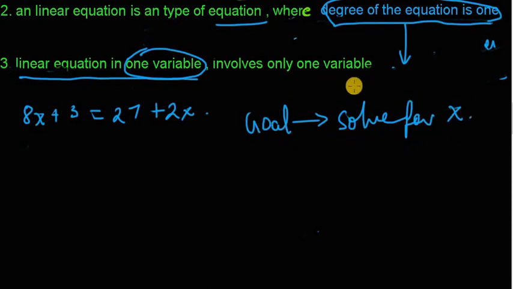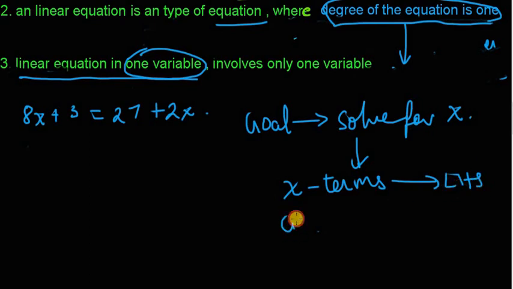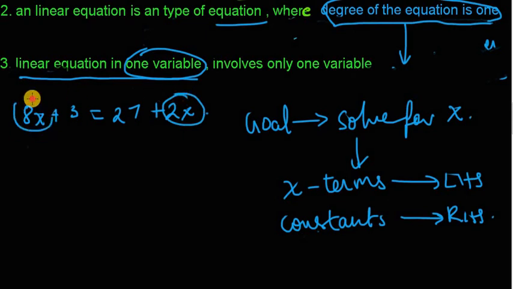So if you want to solve for x, first the x terms or the variable terms should be shifted to the left hand side, and the constants should be shifted to the right hand side. Variable terms means 2x, 8x, all these things which have variables like x, y.